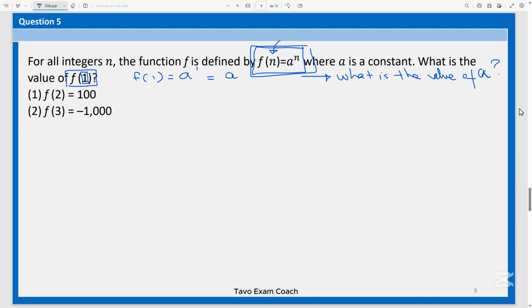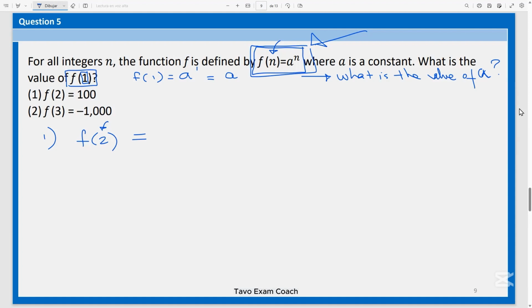Let's see if statement 1 helps us give a unique answer. F of 2 equals 100. Okay, what is f of 2 as per the definition of the function? What expression results if we substitute 2 wherever n appears in the definition of the rule?